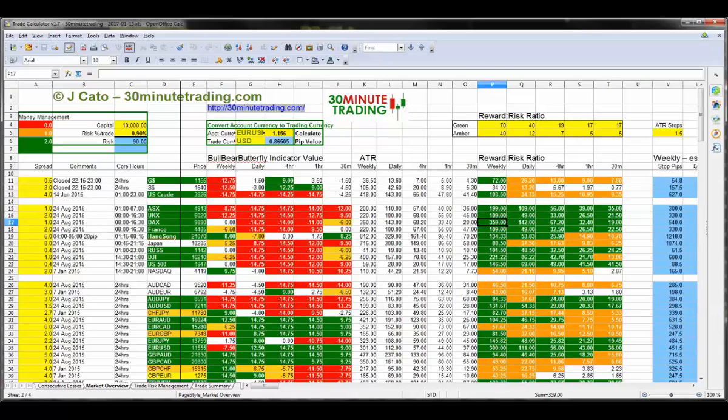So let's just take the DAX because that's pretty cool. The daily had a 143 average true range at that time, which gives us an inherent reward to risk ratio of 142. Very strong, very good. And all the way through here you can see what it is and the inherent reward to risk ratio.